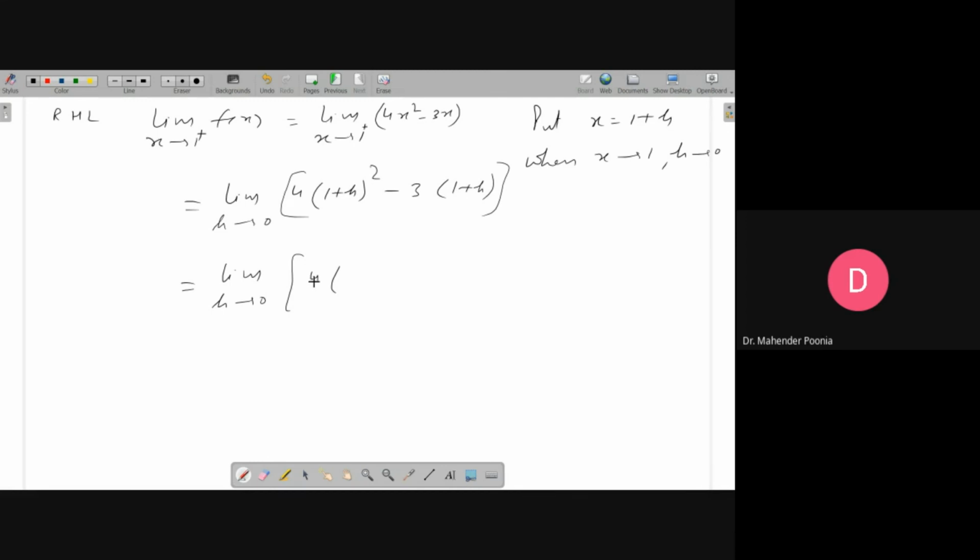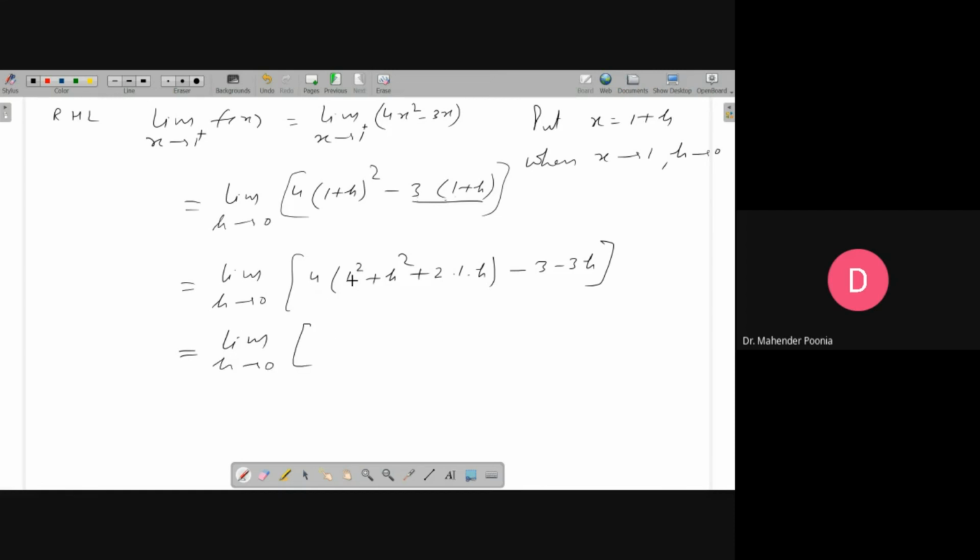By using the formula (a plus b) whole square is equal to a square plus b square plus 2ab, that means 1 square plus h square plus 2 into 1 into h, minus 3 minus 3h. We have to multiply 3 throughout the bracket: first multiply 3 by 1 and then 3 by h.